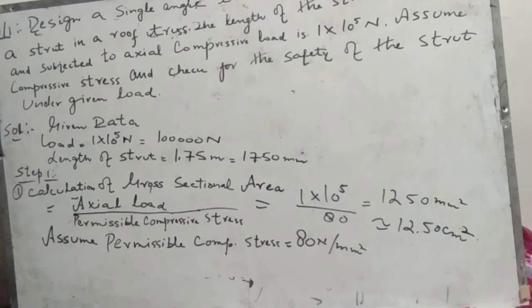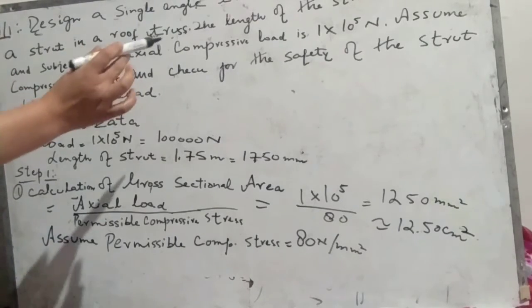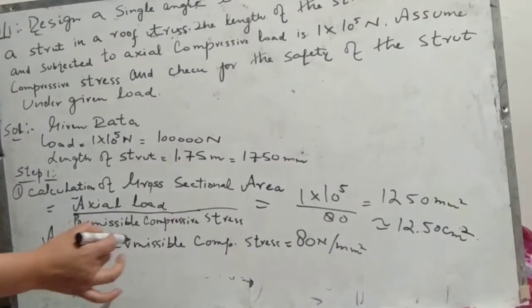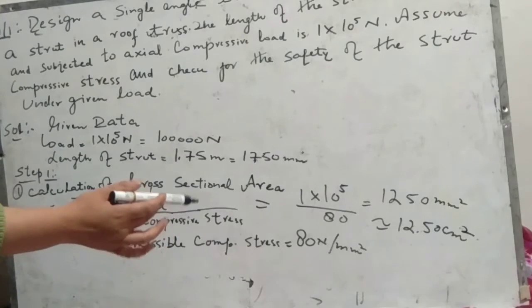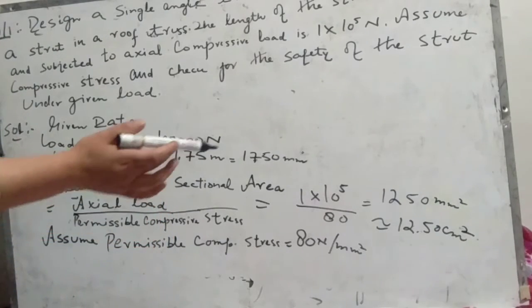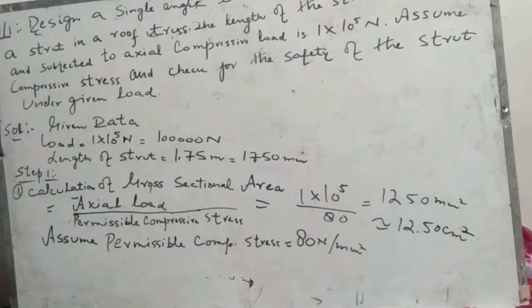If the permissible compressive stress is not given, you can assume it as 80 Newton per mm square. Our given load is 1 into 10 raised by 5. By this assumed permissible compressive stress of 80, it comes out as 1250 mm square. On changing it into centimeters, you will get 12.50.